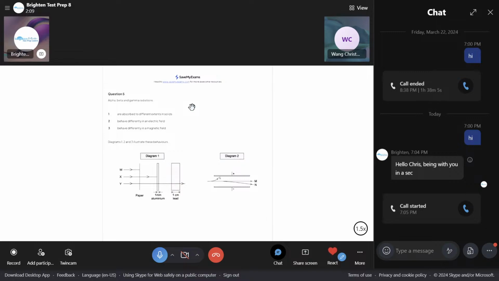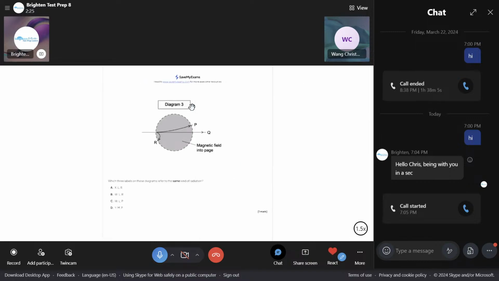So let's just go on. So we have 3 diagrams, to illustrate the mentioned behaviors. And we have to figure out which of the labels on the diagrams refer to the same kind of radiation.